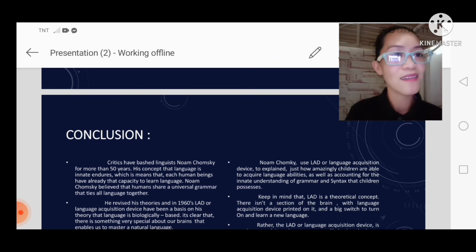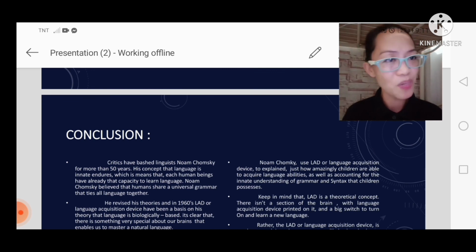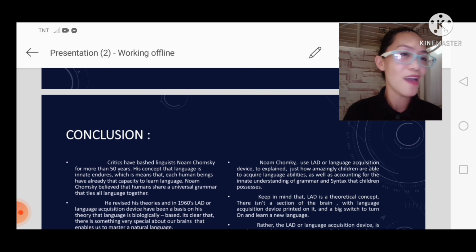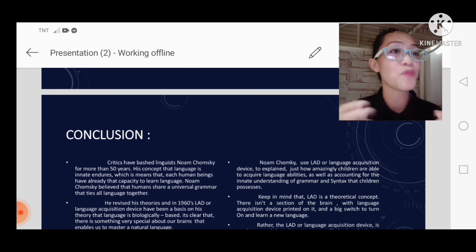Noam Chomsky used LAD to explain just how amazingly children are able to acquire language abilities, as well as accounting for the innate understanding of grammar and syntax that children possess.